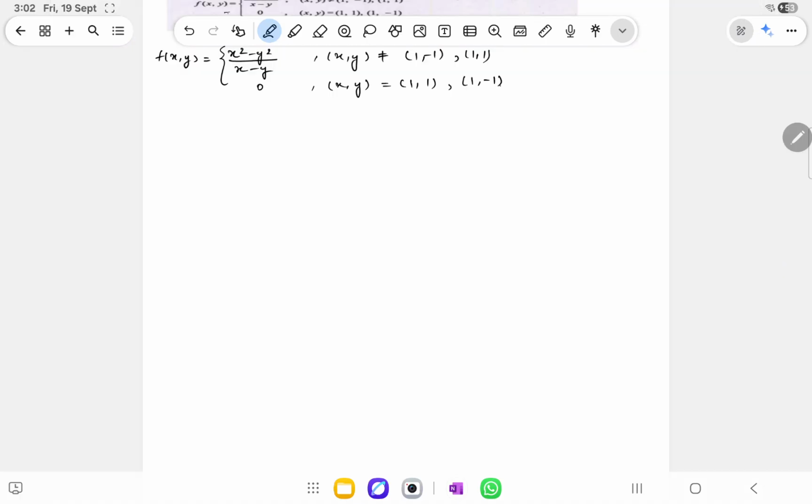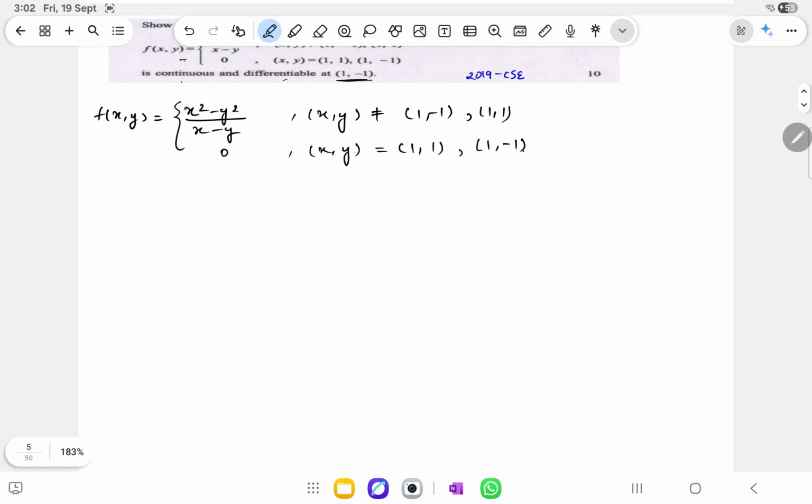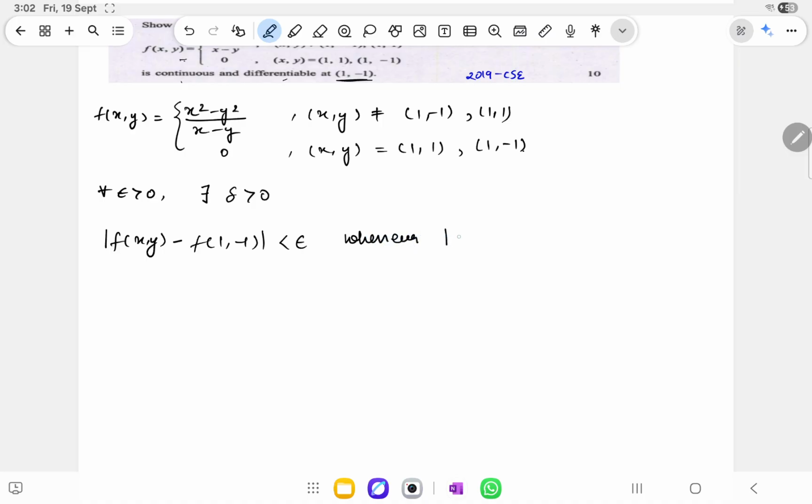So if we see the epsilon delta definition, for all epsilon greater than 0 we must find a delta greater than 0 such that modulus of f(x, y) minus f(1, -1) is less than epsilon whenever modulus of (x, y) minus (1, -1) is less than delta.